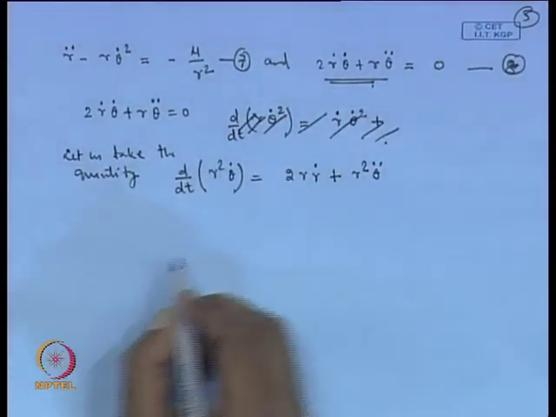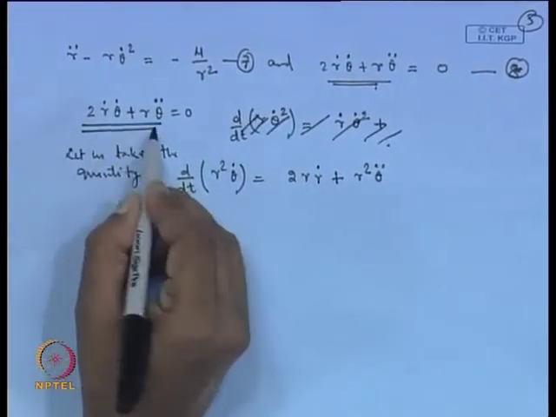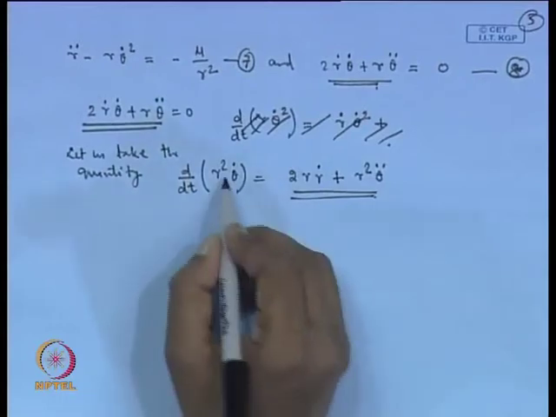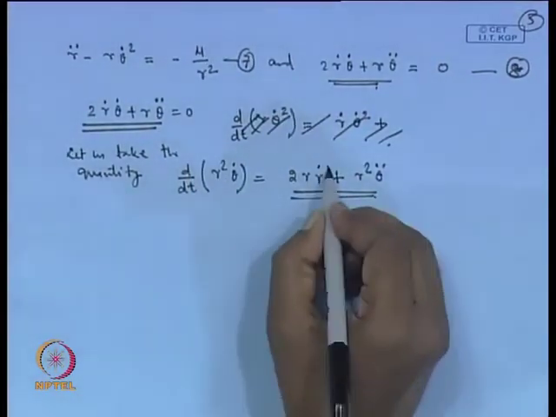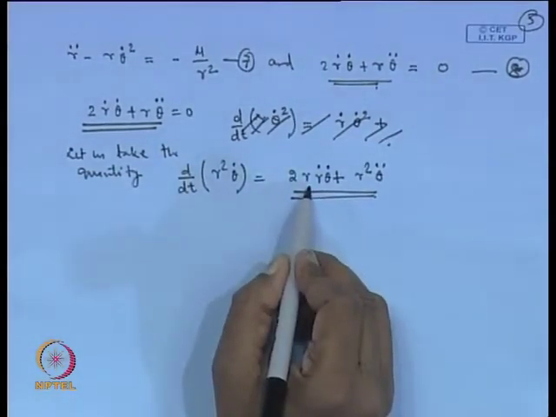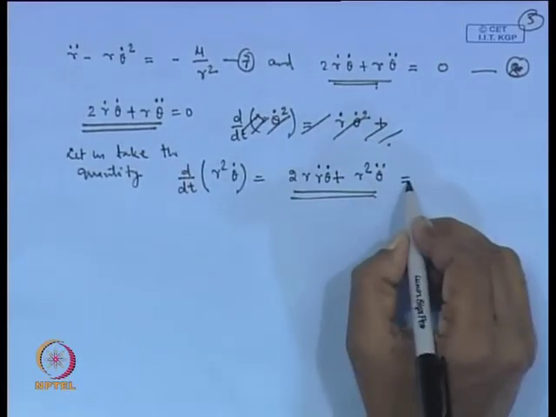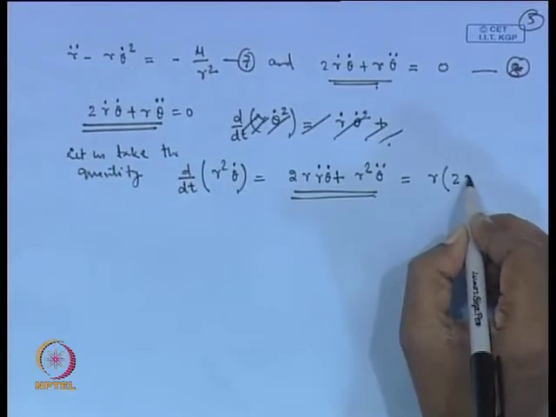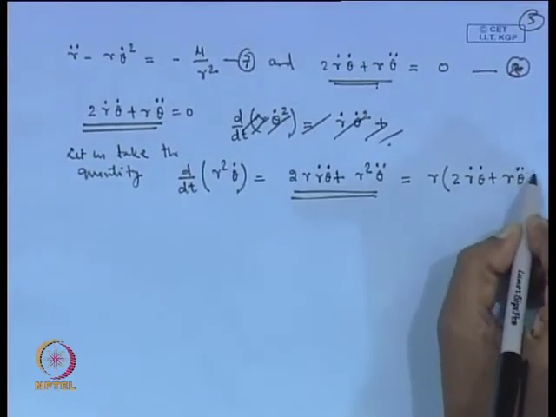Okay. So, now we can see that this quantity and this quantity differ by one term which is r, and here the quantity theta dot is missing, so we put theta dot here also. So, we can take r outside. So, this becomes r times 2 r dot theta dot plus r times theta double dot.